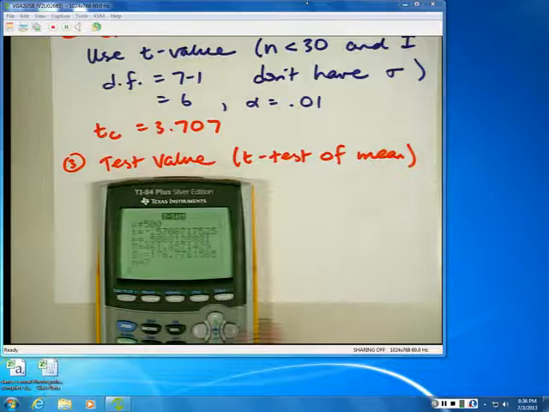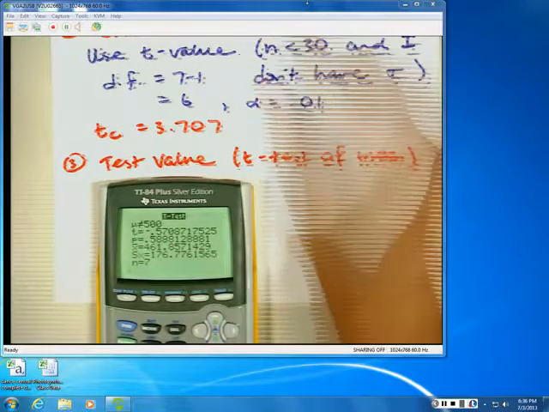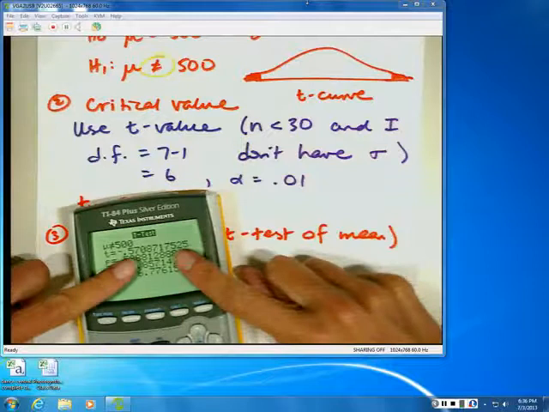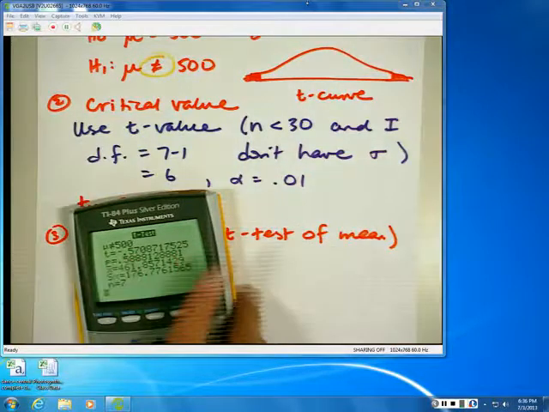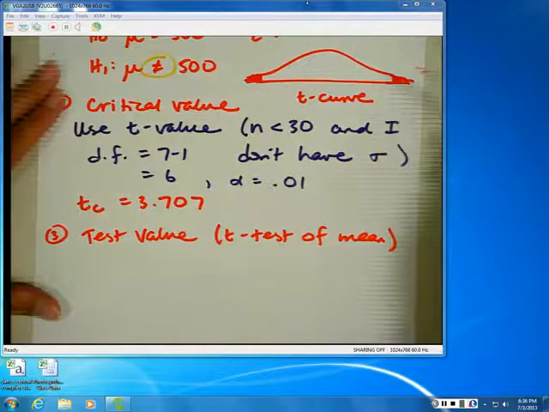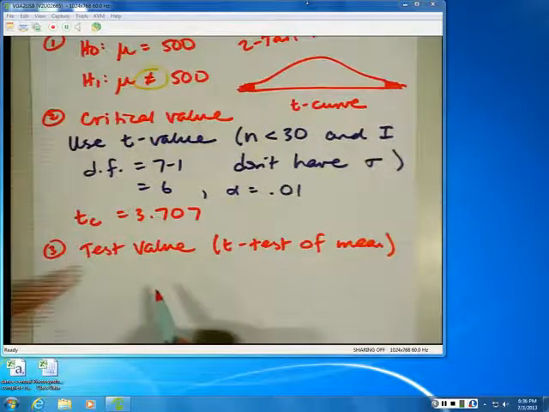Calculate, and there it is, negative, so I'm going to be on the left side of the curve. Let me go ahead and set my curve up with all the numbers in it. I have a test t-value of negative 0.57. Let me write that down. You need to write all this down. Your calculator will do this piece for you, but you need to have everything else written down to earn credit.